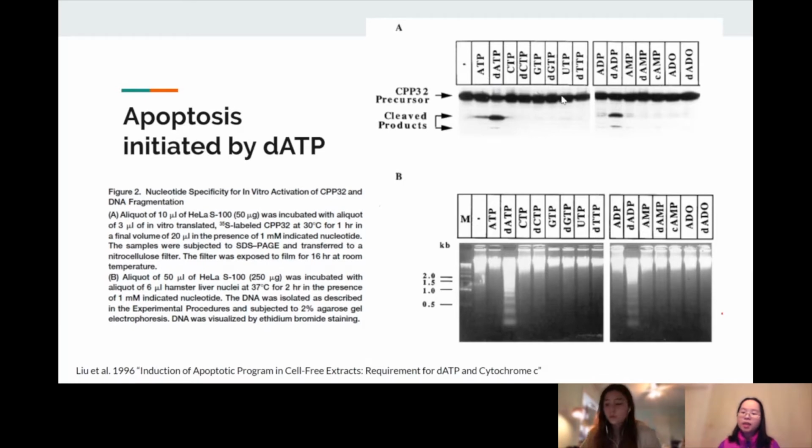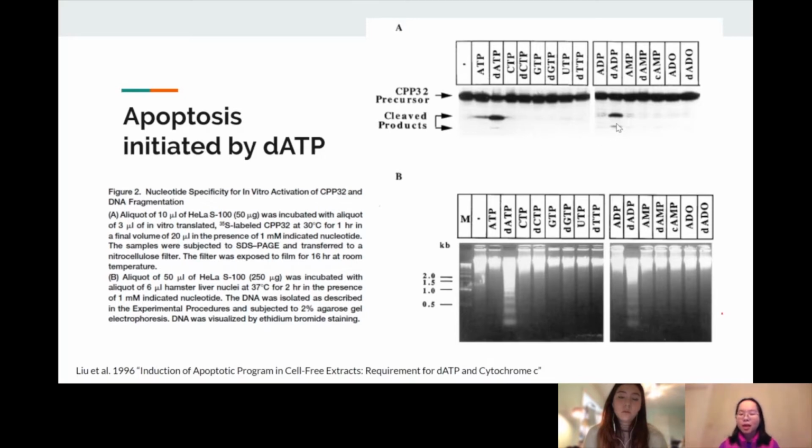And as you can see, after they tested all of these here in panel A, only the dATP and the dADP ones give you a cleavage of the CPP32 precursor. So this precursor cleavage is necessary for apoptosis, so they determined ATP, dATP and dADP were involved.